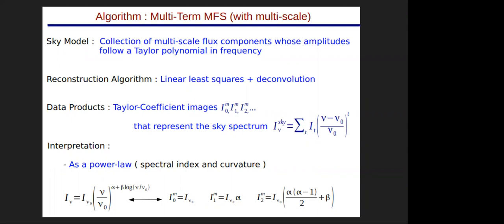Or another example is you are observing with the VLA in L band, where the bandwidth is 1 gigahertz, from 1 gigahertz to 2 gigahertz. Remember that for your data set, the bandwidth is only 33 megahertz. Now we are talking about a 1 gigahertz bandwidth, which is huge compared to 33 megahertz.